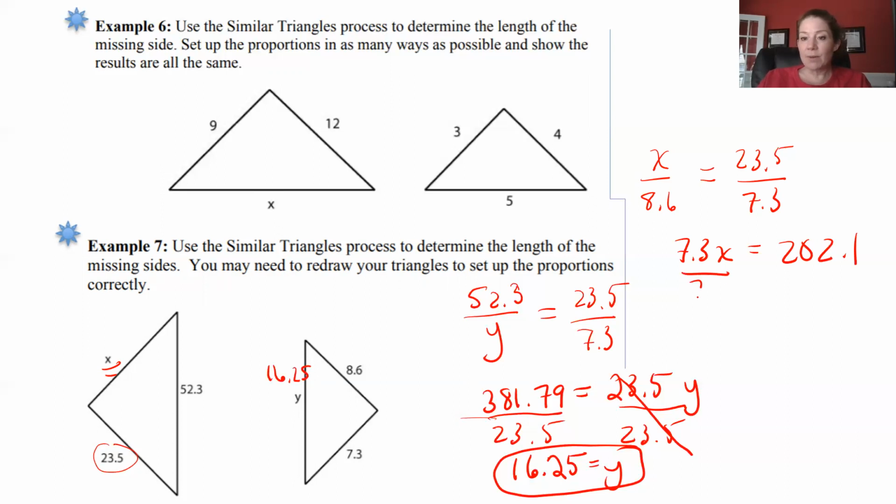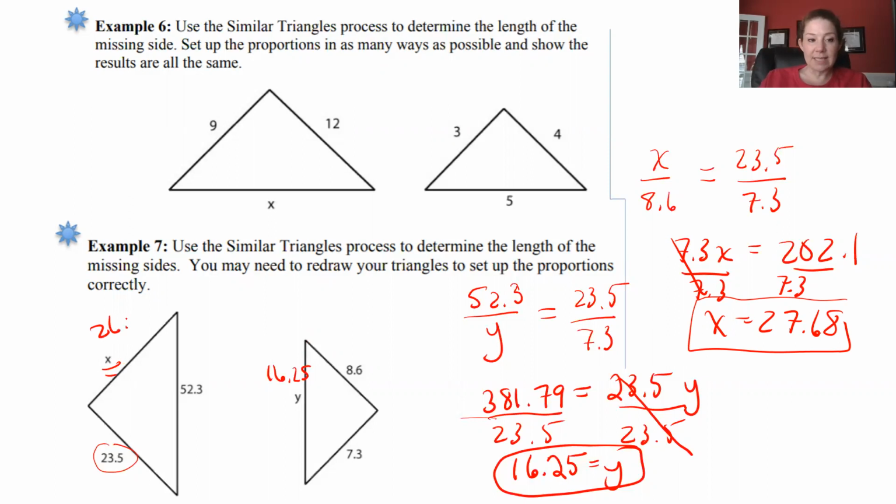Then we're going to divide both sides by 7.3. So x is equal to about 27.68.